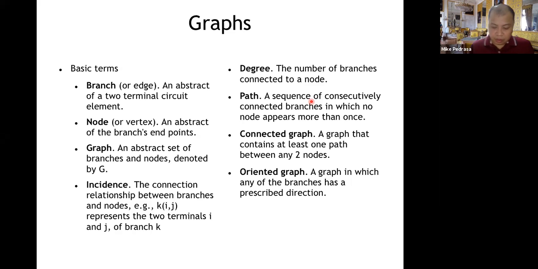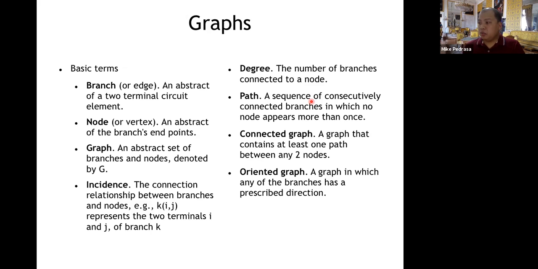So at this point, we will have a little bit of network graph theory. Okay, graph theory because later on we're going to use a little bit of graph theory to solve the network. Okay, so medyo magiging mathematical kung next few slides natin.